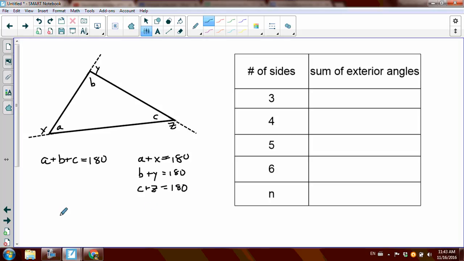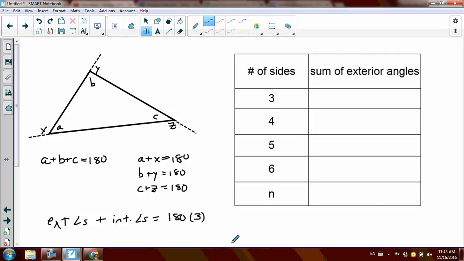And so all 6, the exterior angles plus the interior angles, is 180 times the number of vertices, 3. Because every vertex is going to have a linear pair, and so the number of vertices times the supplementary number 180 is going to be the sum of all of the exterior and interiors combined.